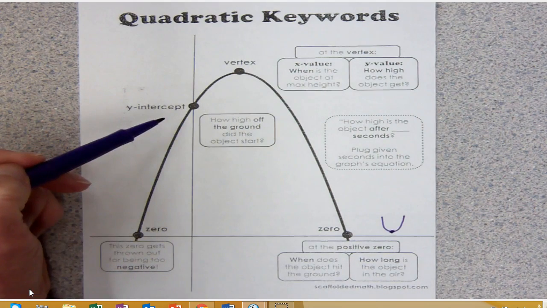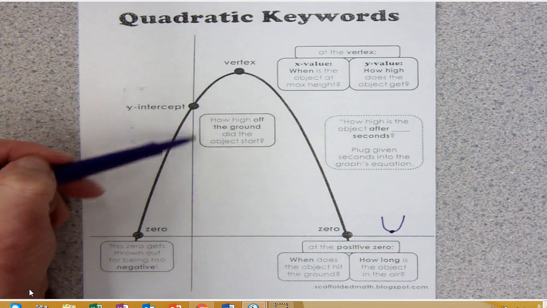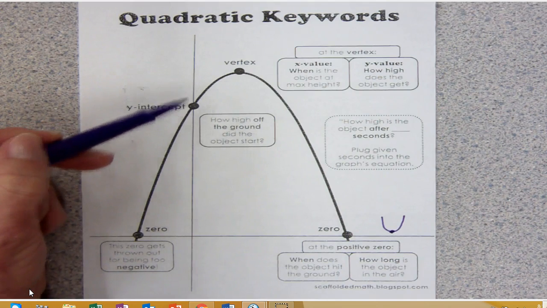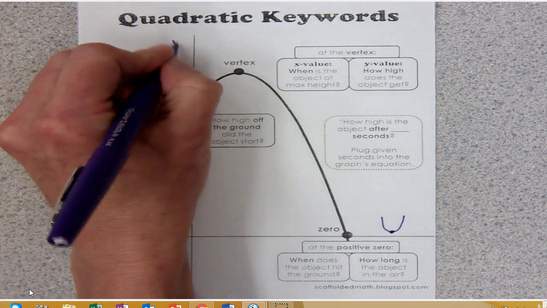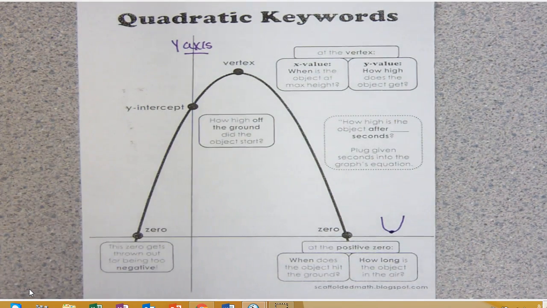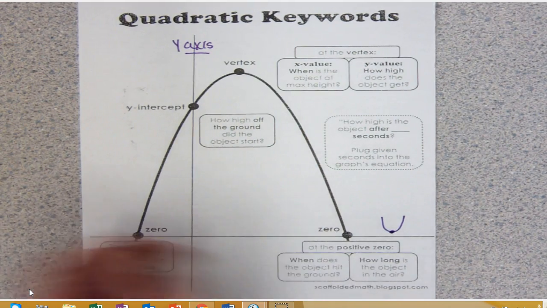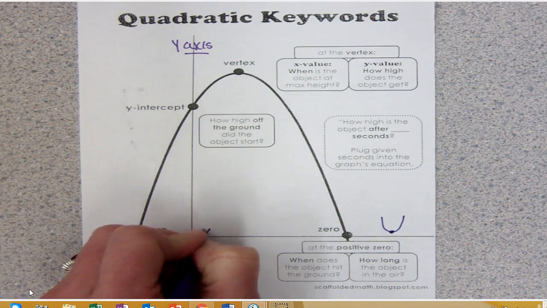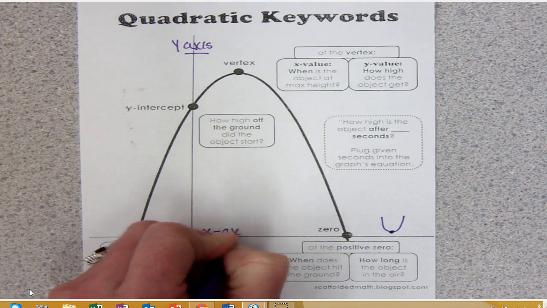The y-intercept, as we know, is where the parabola crosses the y-axis. So if this is the y-axis, this is where it would cross. The zeros are where it crosses the x-axis.